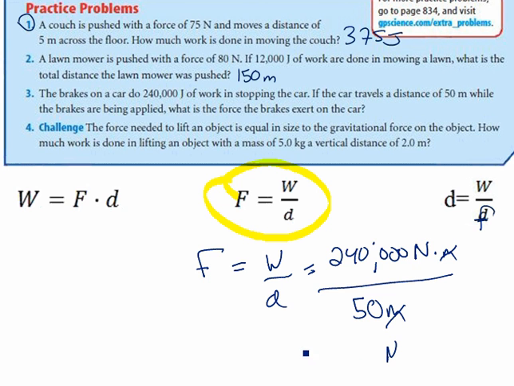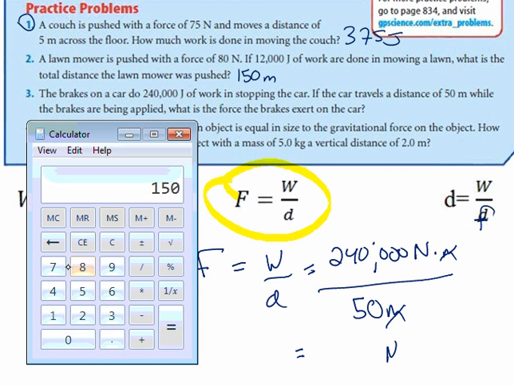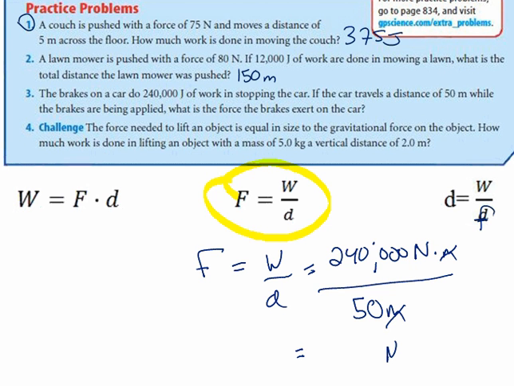So our answer will be in newtons, which is good because that's force. And then we take our calculator, and we'll see that 240,000 newtons divided by 50 is equal to 4,800. So the force is 4,800 newtons.